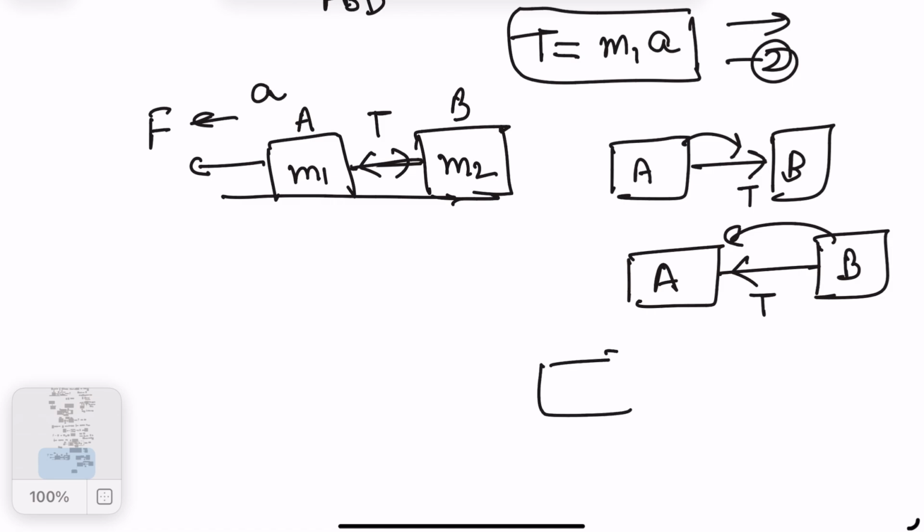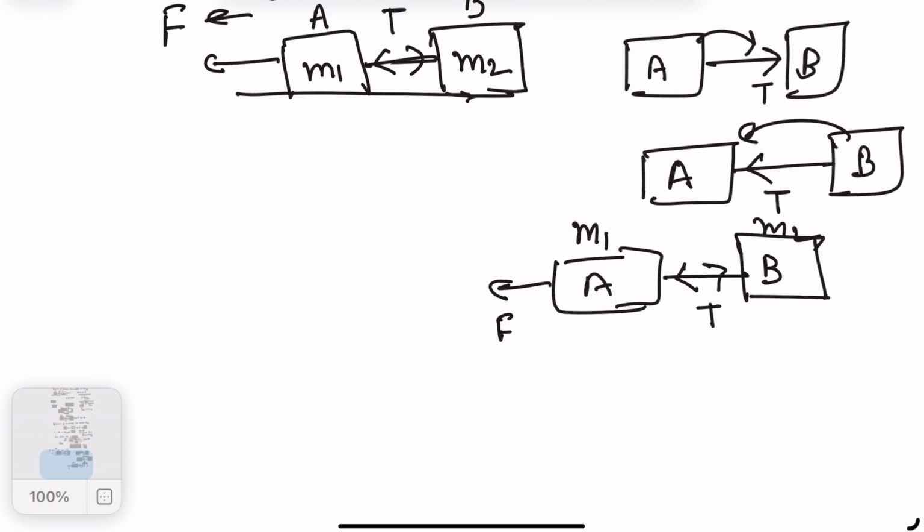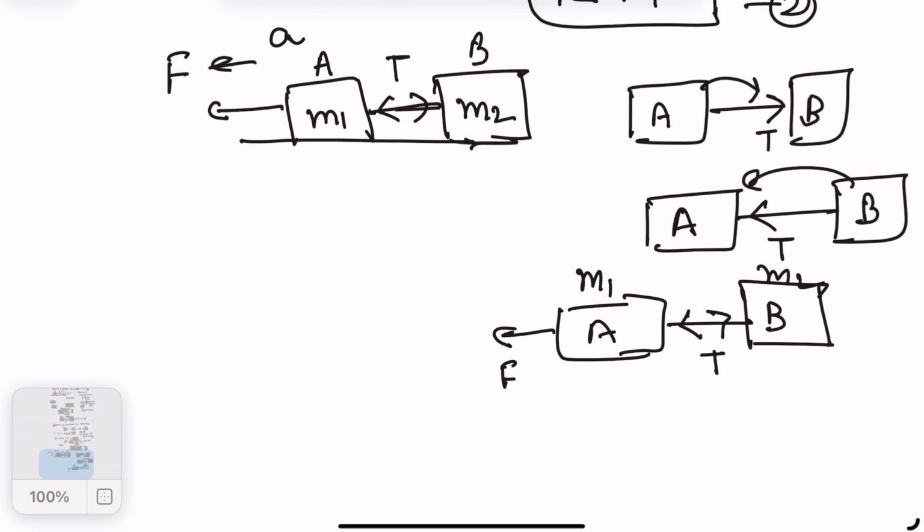To sum up, tension acts in this direction for each block. Now the acceleration force is in this direction. This is mass m1 and this is mass m2. So we're going to solve this problem now.